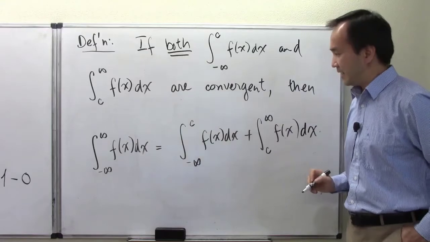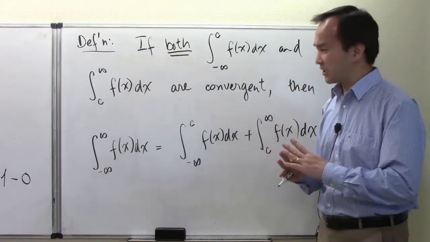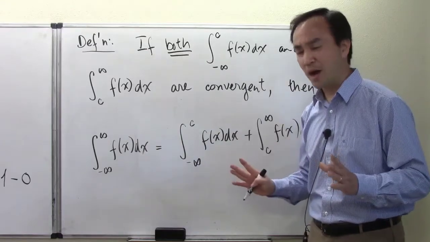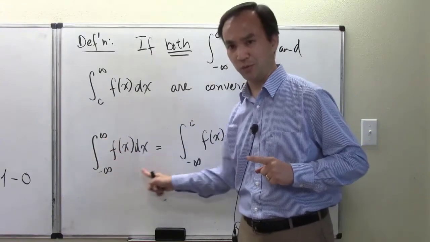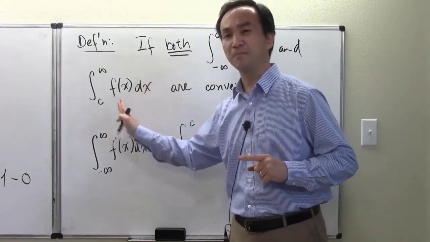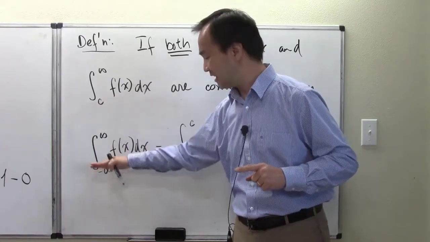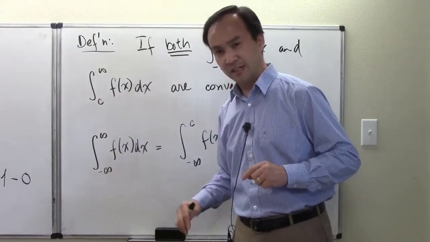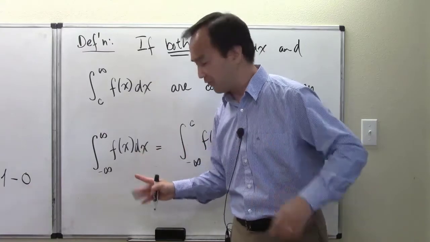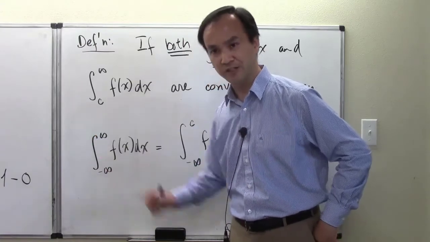All right, and so this definition again defines a way to handle, or it defines what it means, anytime seeing an integral where we're accumulating over an infinite interval like this. It's a completely infinite interval. It's from minus infinity to positive infinity like that.